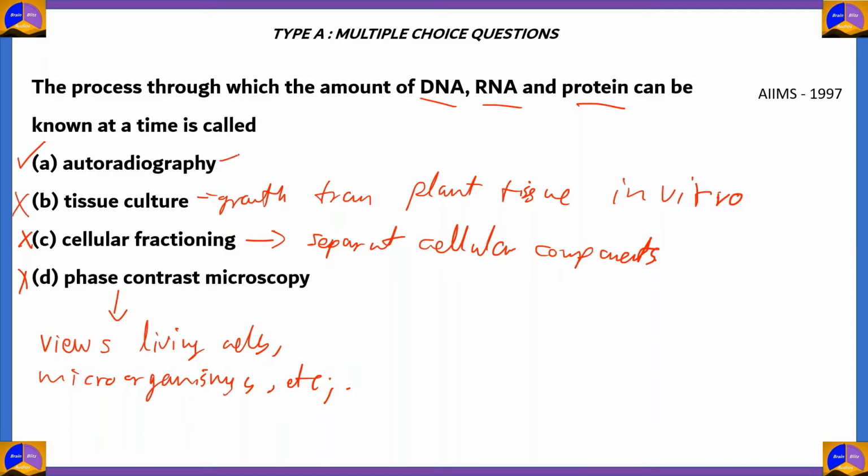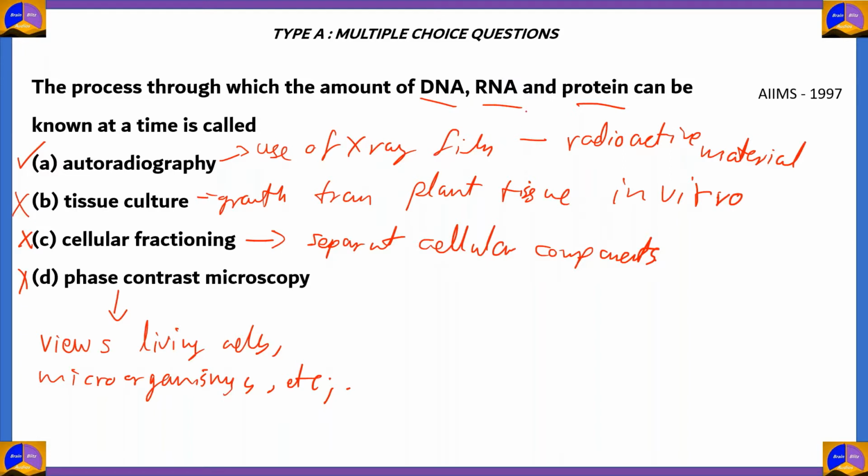So what is autoradiography? It is the use of X-ray film to detect radioactive material. So how does this help in gauging the amount of DNA, RNA, and protein? Well, DNA and RNA are both made of phosphate bonds in their backbone structures.